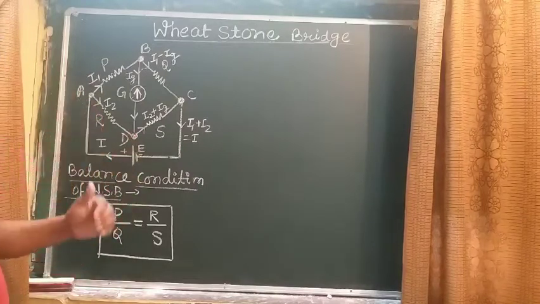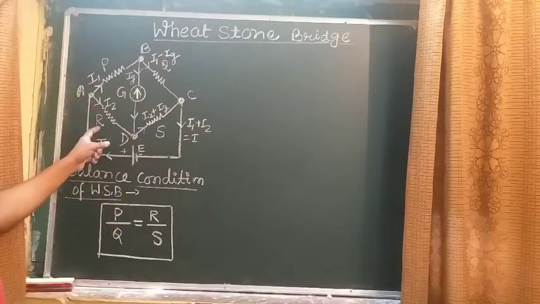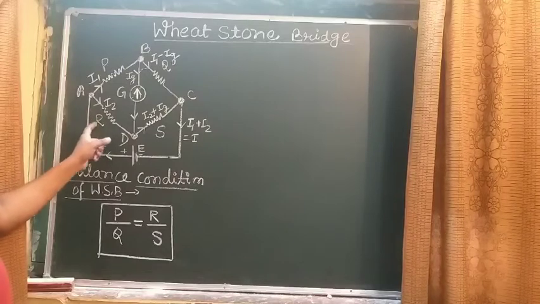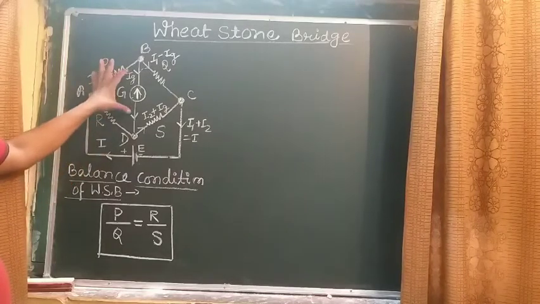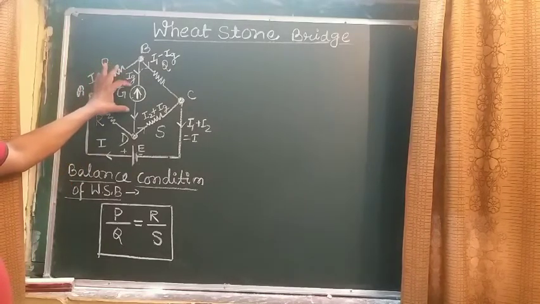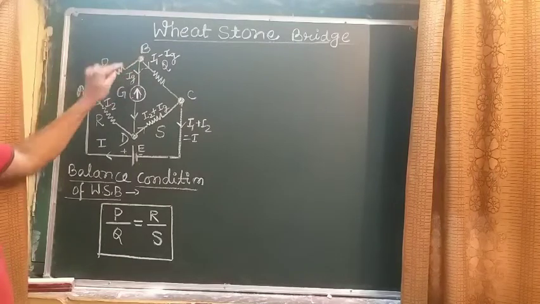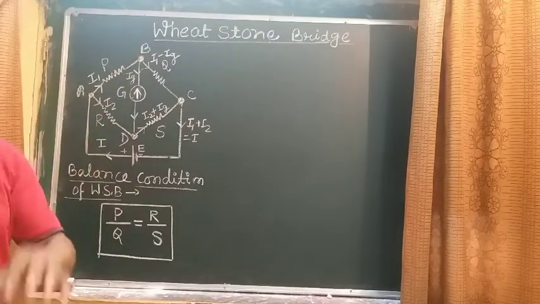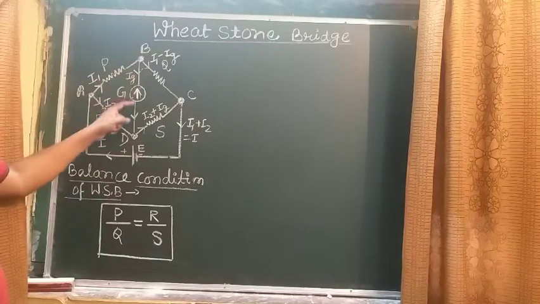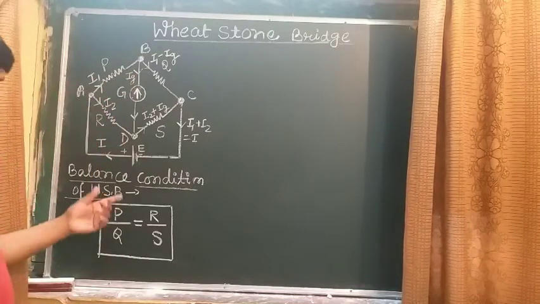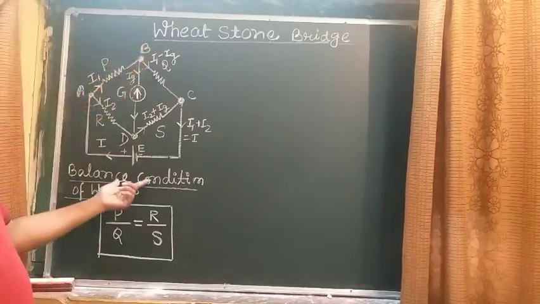This happens by adjusting the value of the standard resistance R, so that no current flows through the galvanometer. The potential difference between point B and point D is the same, and then we can say that the bridge is balanced.